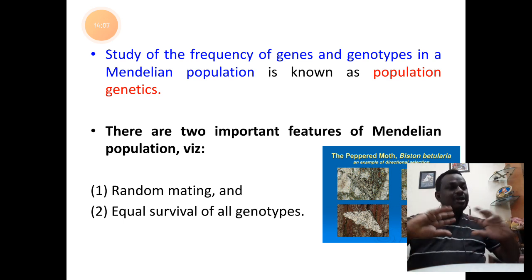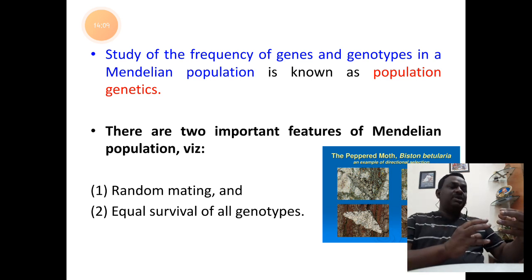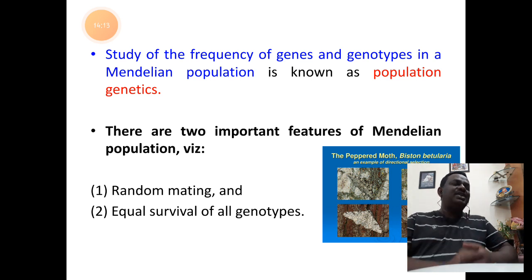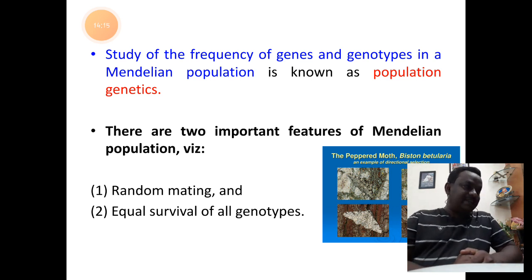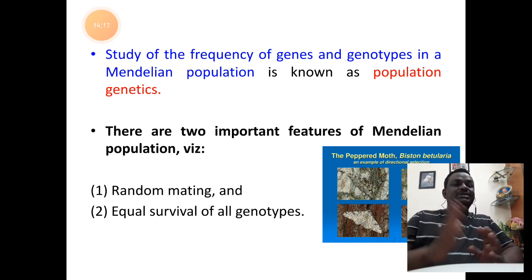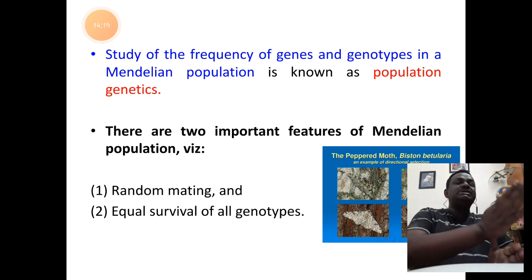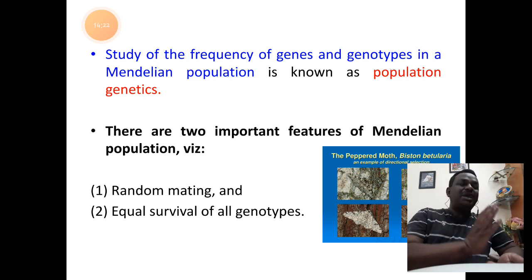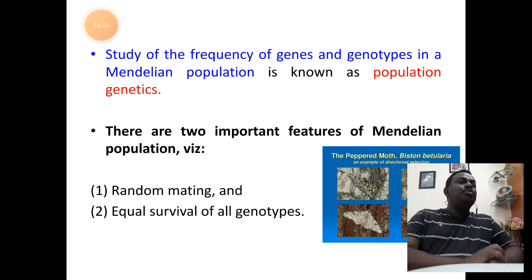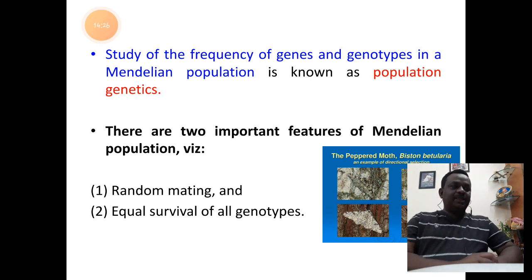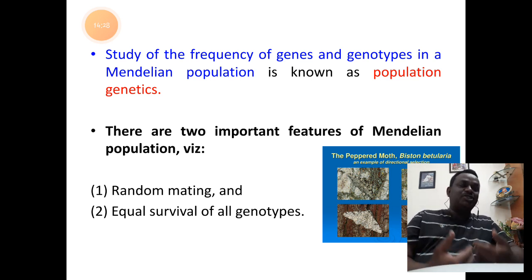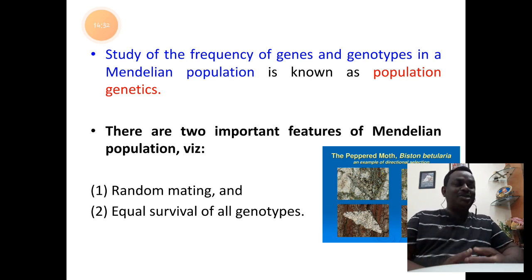So, the frequency of a gene and genotype that appears in a population is called population genetics. In simple words, the study of frequency of genes and genotypes in a Mendelian population is called population genetics. The appearance of genes and genotypes many number of times in a given Mendelian population, and its study, we call population genetics.